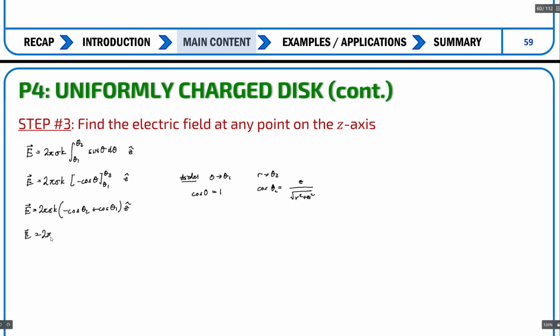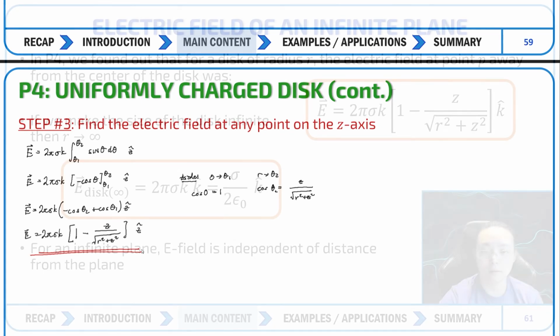This is equal to 2 pi sigma k, and then you end up with 1 minus z over the square root of r squared plus z squared in the z hat direction. So that's your final answer for the electric field a certain distance away from the disk itself.